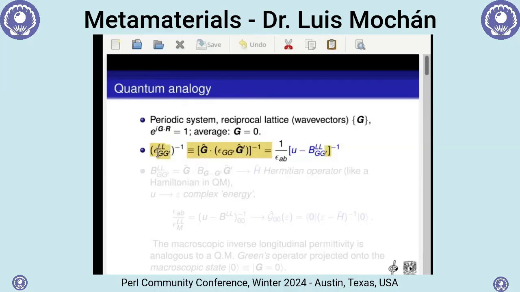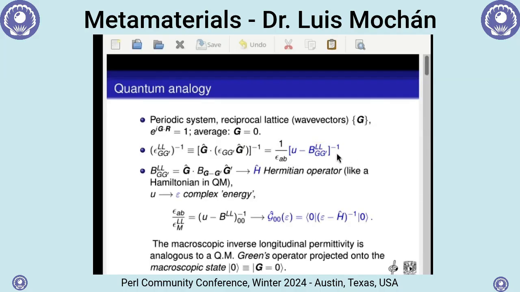And I have to take the inverse of this large matrix, which it turns out can be written in terms of the inverse of U minus the longitudinal projection of B, where B is the characteristic function. It turns out that this is a Hermitian operator.